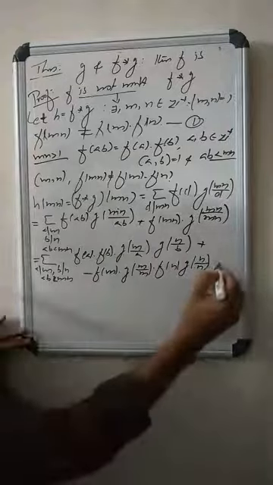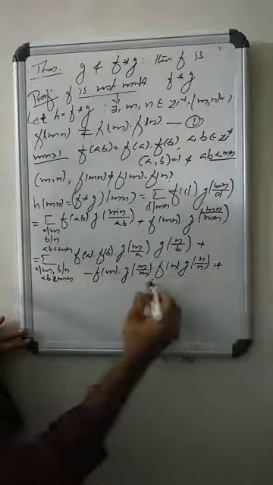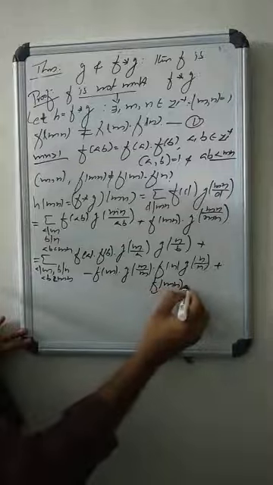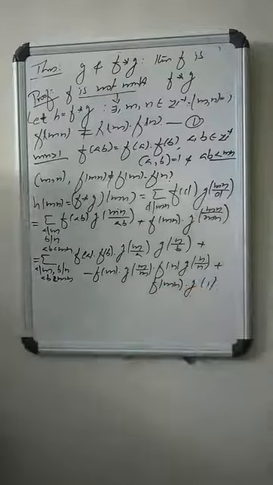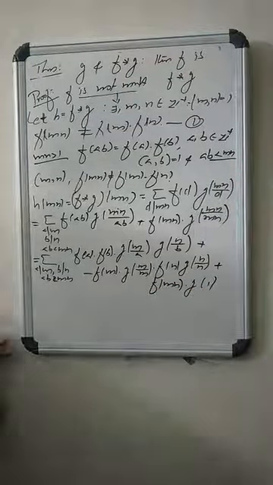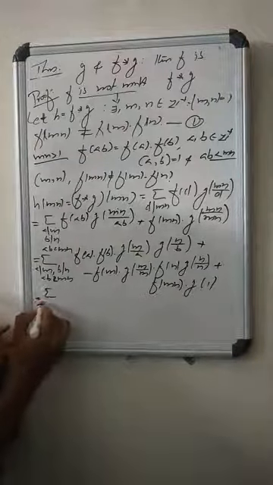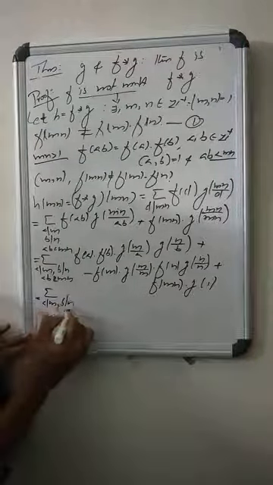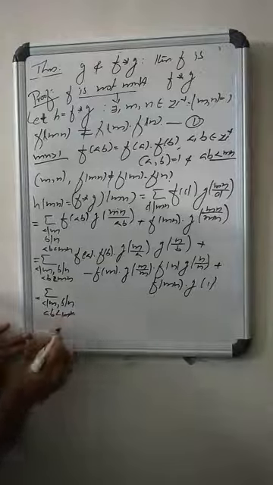What remains? Plus there is the term f of MN into g of MN by MN, that is 1. So that equals the sum over A dividing M, B dividing N, AB less than MN.